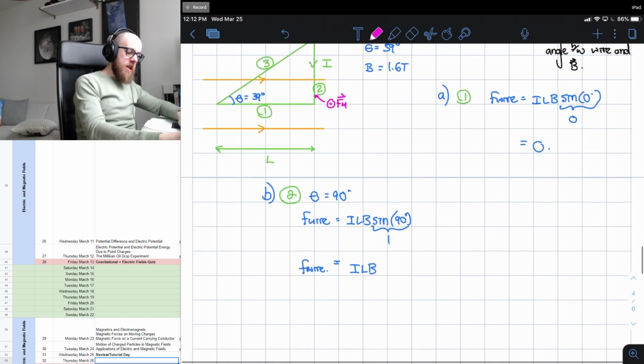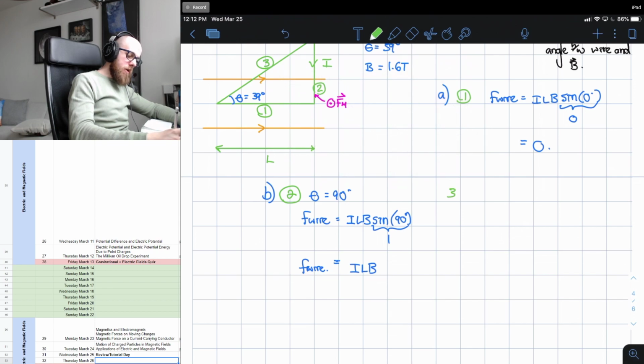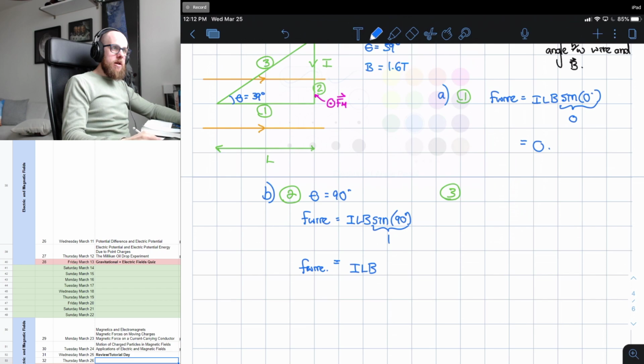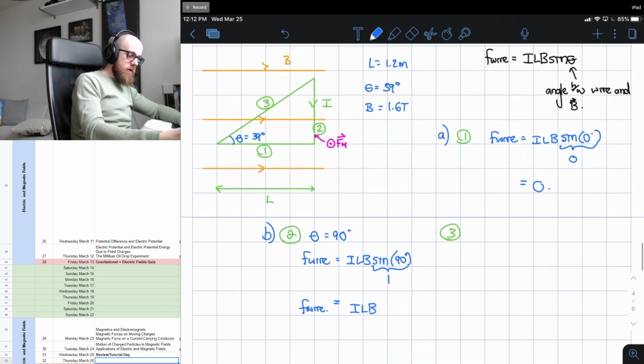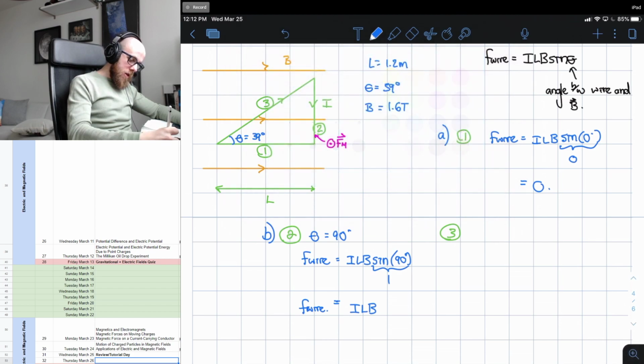Okay, now let's do the exact same calculation, but for segment 3. So in segment 3, the angle between the current flowing through the wire and the magnetic field is equal to theta, so 39 degrees, right? Theta equals 39 degrees.